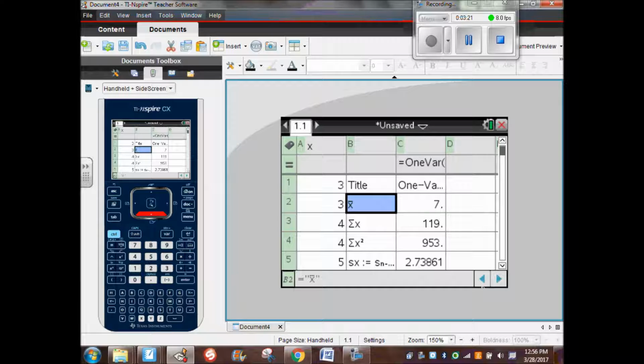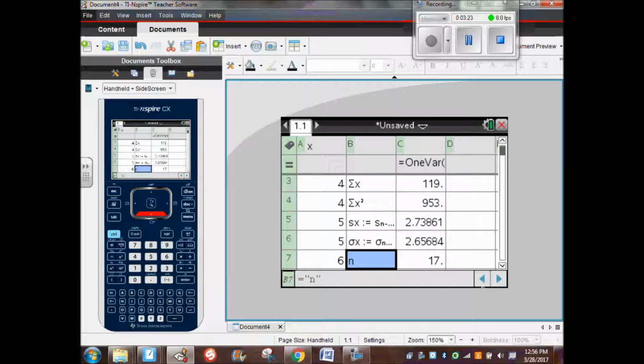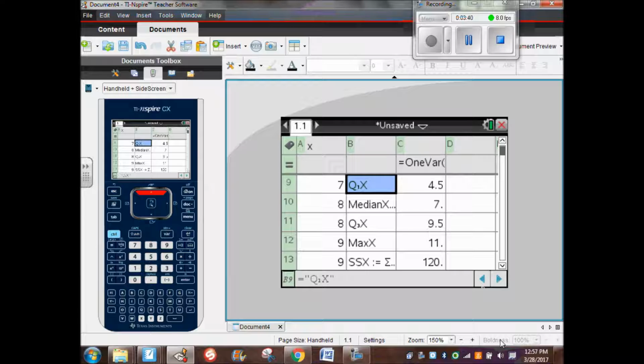A little review: X bar, what did we say X bar stood for yesterday? The mean. Then if we scroll through our list, we find Q1 is 4.5 and Q3 is 9.5. I don't believe the list gives us the IQR, but I certainly could scroll through it. No, it doesn't. So we have to do a little subtraction. I think we can handle that.